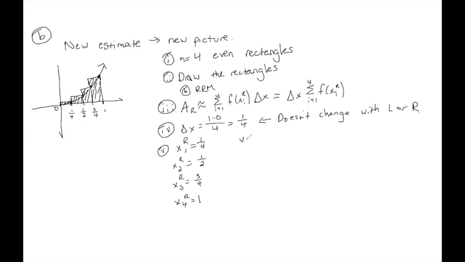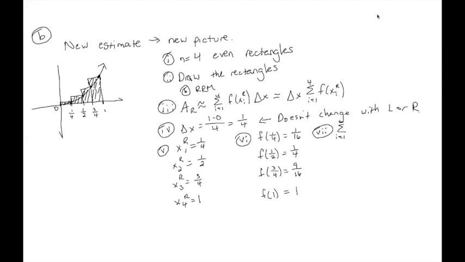Okay, so now step 6 is evaluating each of these. So f of 1/4 is 1 over 16. f of 1/2 is 1 over 4. f of 3/4 is 9 over 16. And f of 1 is 1 squared, which is just 1. Okay, and now I have step 7. I plug everything into the formula. Sum from 1 to 4.